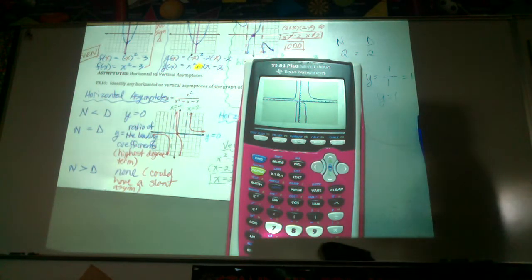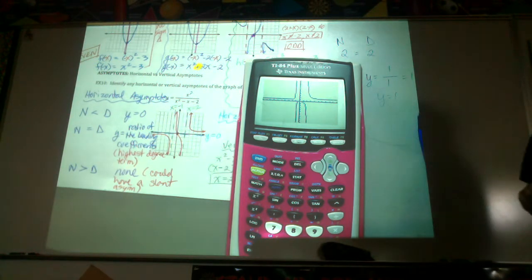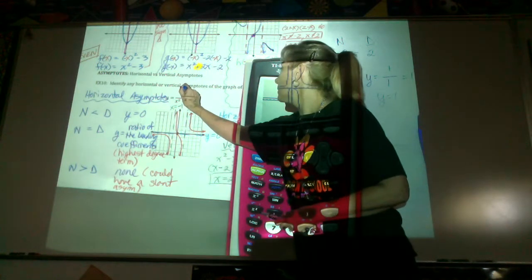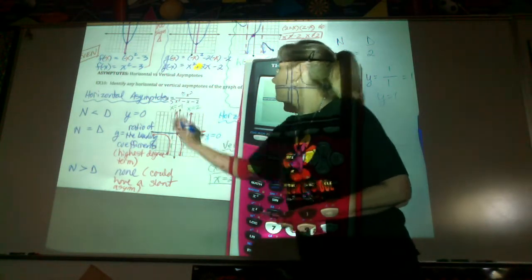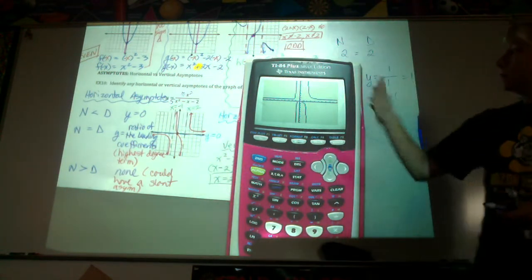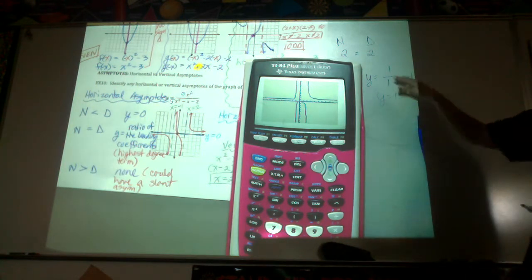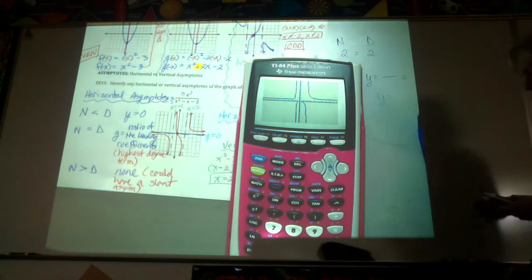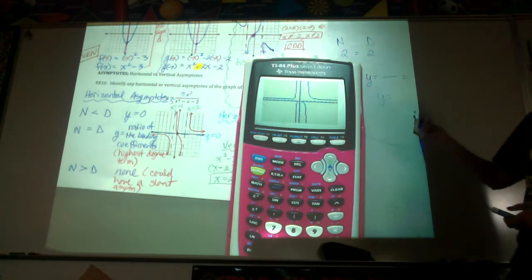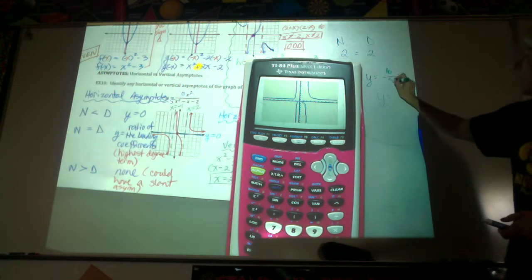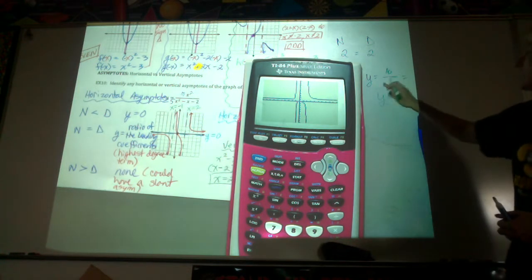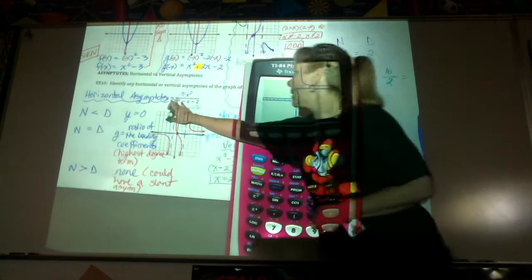Well, what if I change the coefficients to, oh, let's do 10 and 5. So my degrees are the same, but my coefficients this time have changed. I have 10 for the numerator and 5 for the denominator, giving me, oh, let's change that 5 to 2, because I want it to be a dramatic change.